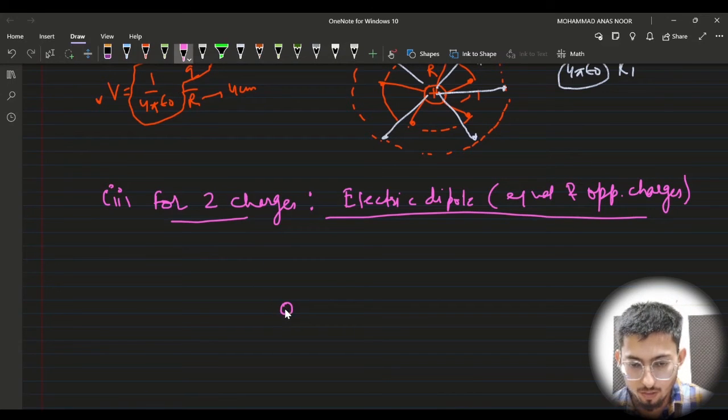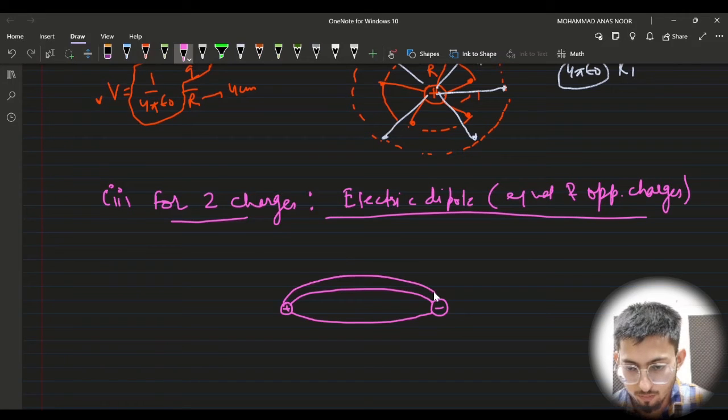This is a positive charge, this is a negative charge. This constitutes a dipole, and the electric field is like this.